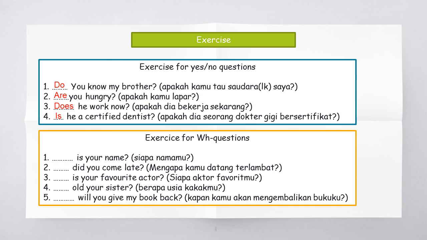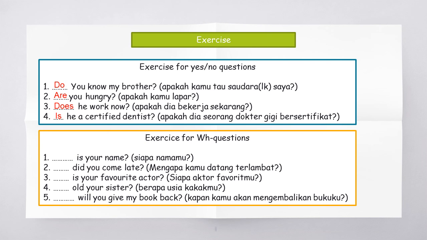Number 3 has a verb in the sentence, and we must use an auxiliary verb to answer the question. And number 4 does not have a verb, and we must use to be to answer the question.